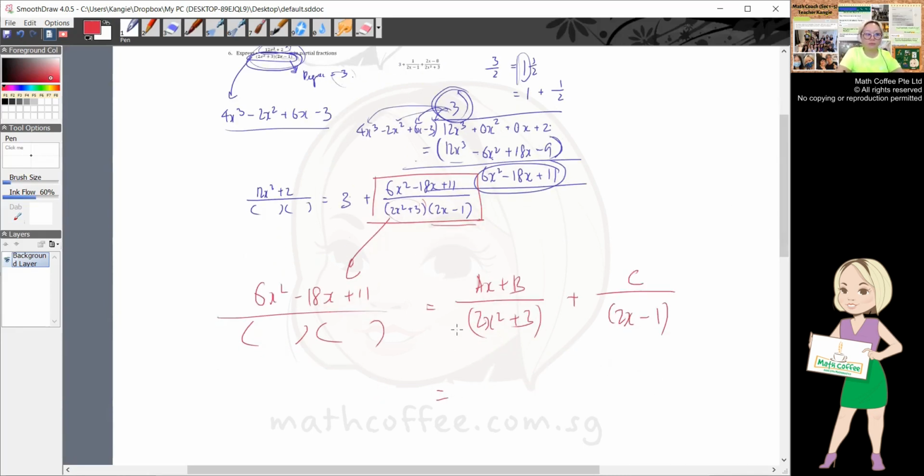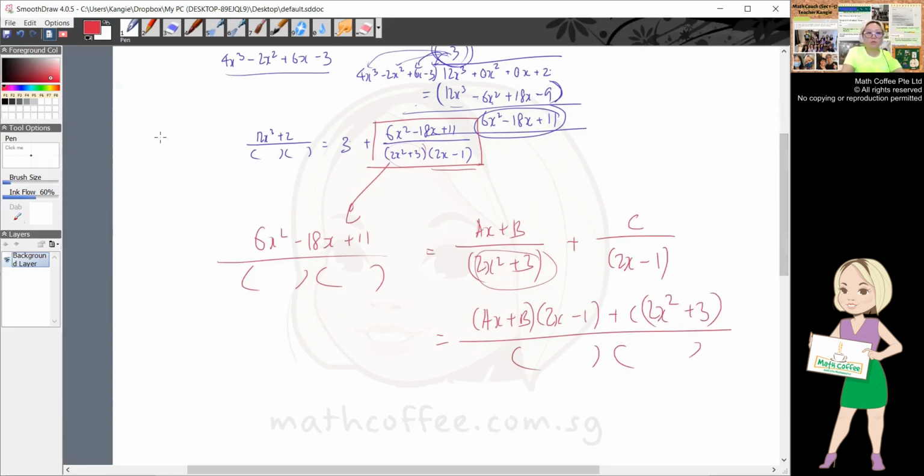So that means it will be ax plus b, and this one will rainbow with 2x minus 1. C will rainbow with 2x squared plus 3. Then you'll be doing this, which is 6x squared minus 18x plus 11 equals ax plus b, 2x minus 1 plus c, 2x squared plus 3.